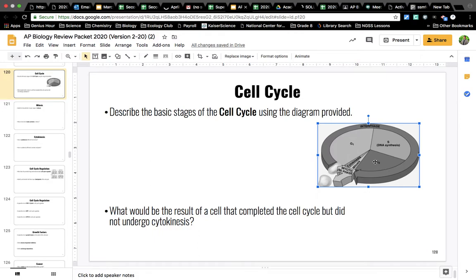That's when the cytosol and the rest of the cellular components get separated into two separate cells. And then, of course, it's a cycle, so it starts all over again. The two daughter cells that are produced then enter into interphase and go through G1, S, G2, mitosis again.